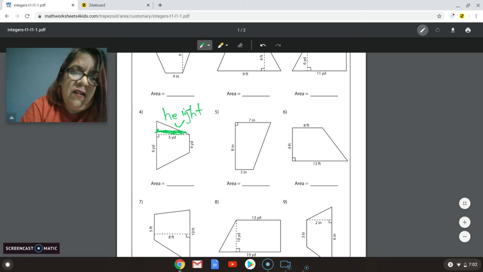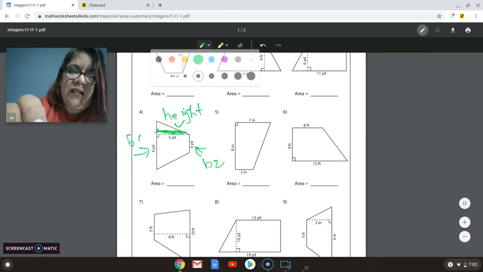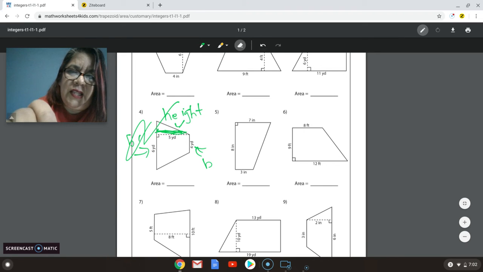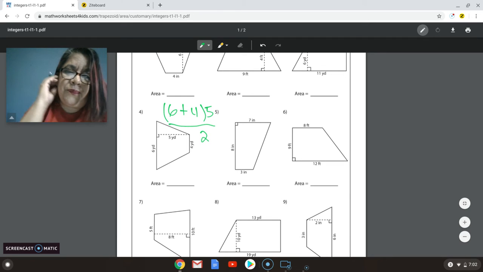My bases are these. This is 6 yards is base 1, 4 yards is base 2. Let's substitute those numbers back into our formula. So it is 6 plus 4 times 5 divided by 2.